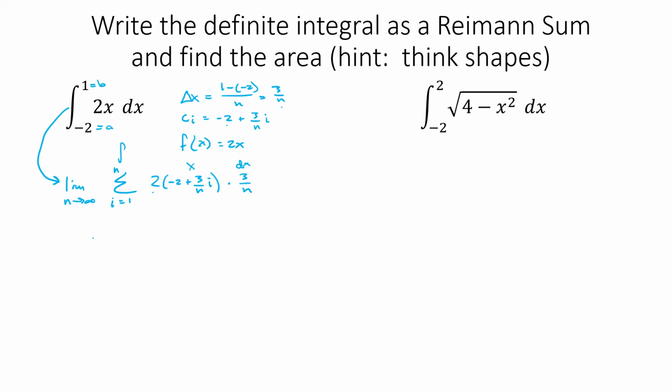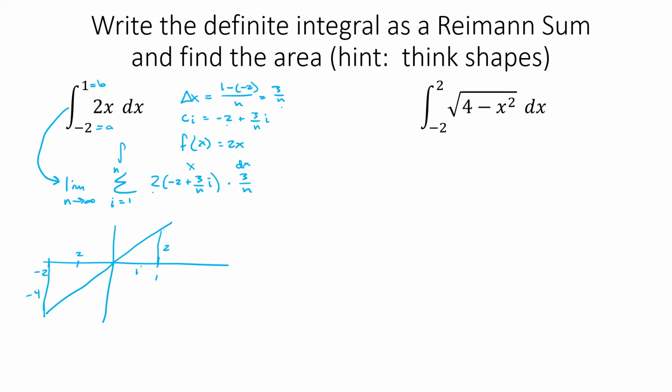Now, if we want to find this actual area, let's take a look at the graph. 2x is just a line. It has a slope of 2. We're going from 1 to negative 2. So this would be 1 by 2, and if we plugged in negative 2 here, that would be negative 4.